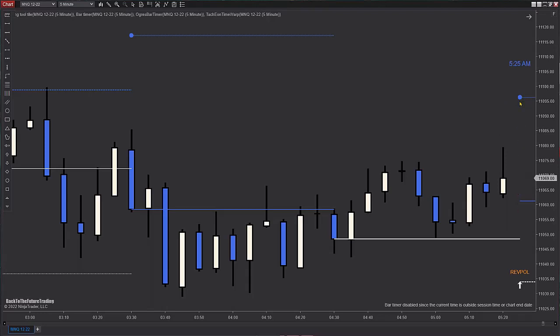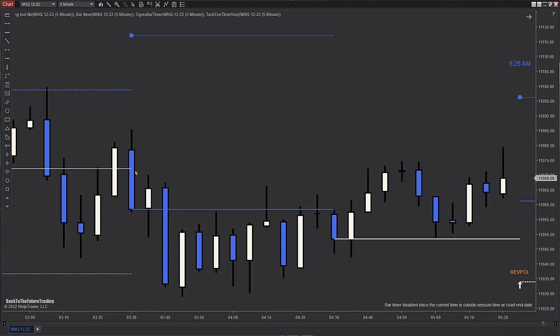It makes it fun in a sense, and it's not as stressful to me as trying to figure out if it's a pattern 4 or 5 or whatever else. So blue dot is coming up. Is it going to close white or is it going to close blue? If this candle closes blue, I'm going to get a rev pull signal. If this candle closes white, I'm going to have a sell signal.